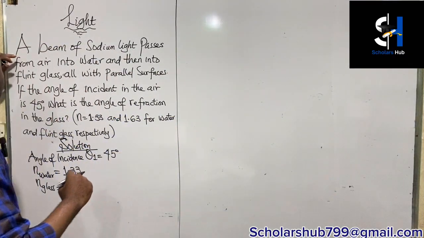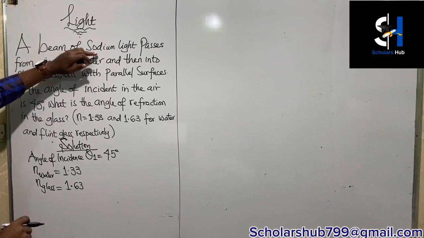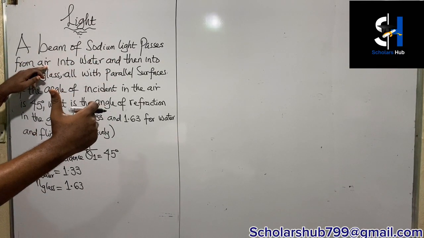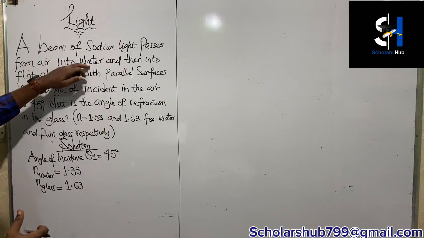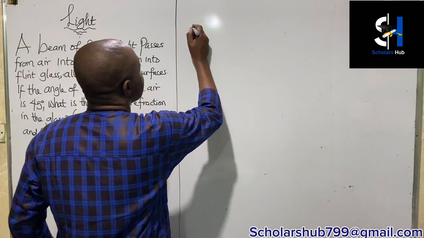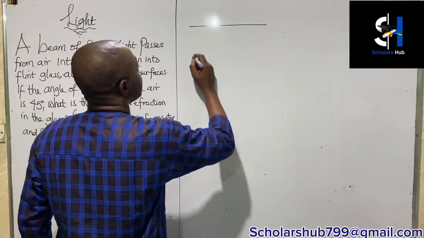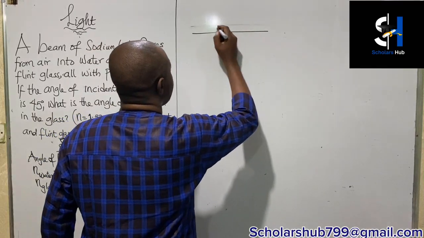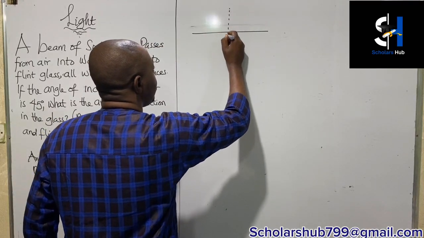Now, what we have here is a beam of sodium light that passes from air, which means the first material medium is air, into water. So let's say we have the first boundary and the light comes from air. This is the normal ray.